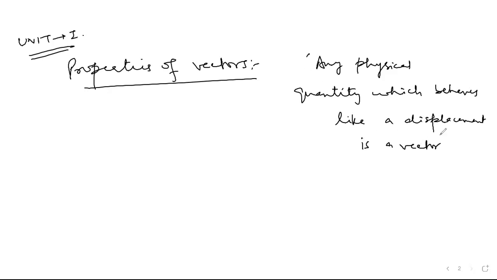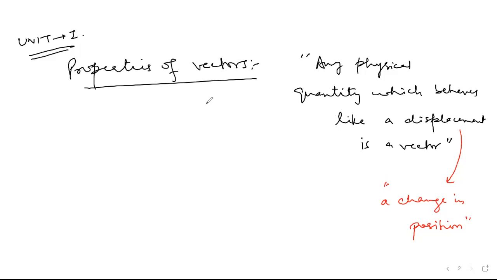This is the definition, right? So any physical quantity which behaves like a displacement is a vector. And you know, displacement is a change in position, right? And you know what is a physical quantity?